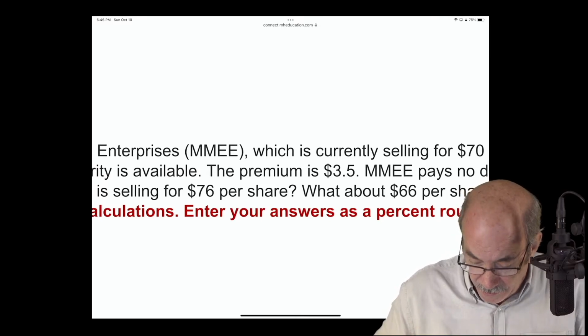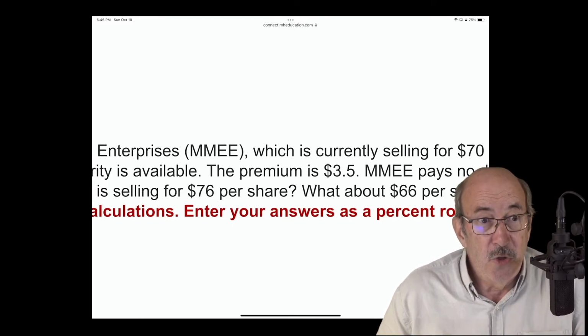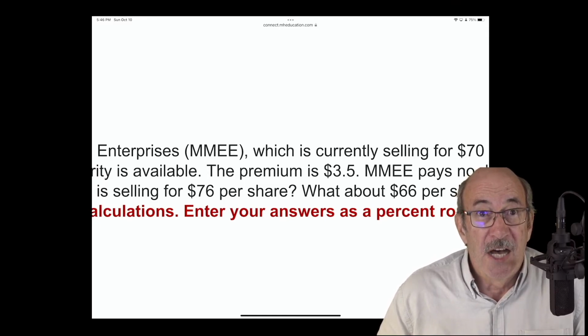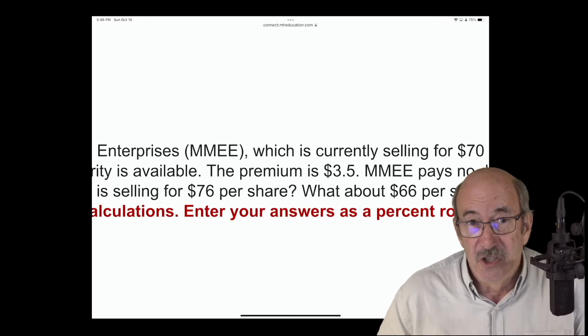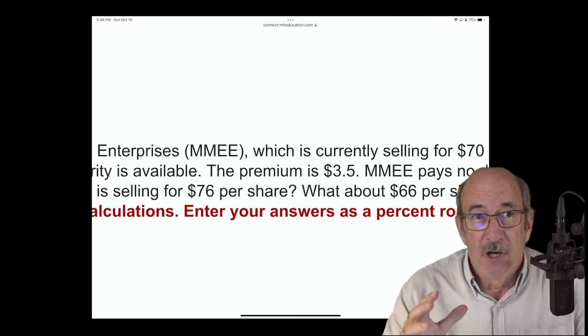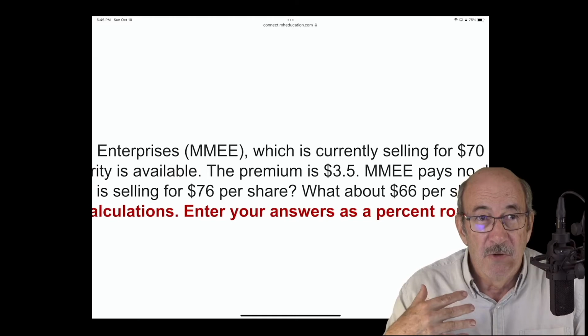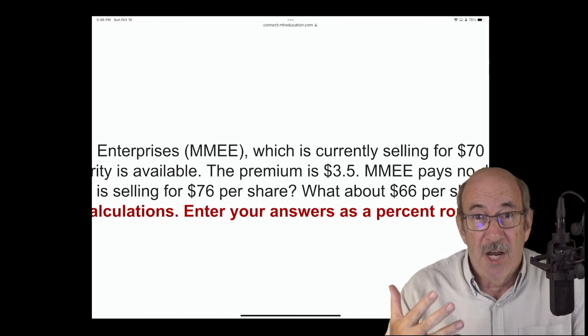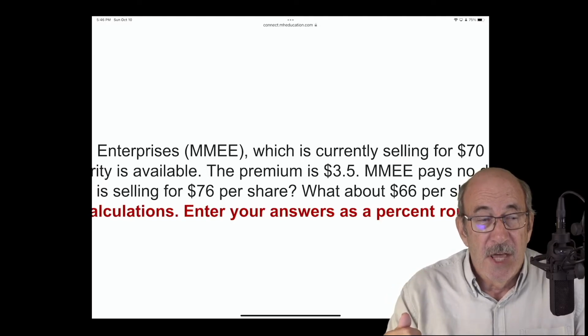So take the $35,000 that you have to invest, divide it by 3.5, and that means that you could buy a call option on 10,000 shares. Since a call option on a stock is always in units of 100, one contract is for 100 shares. That means you would need to buy 100 contracts worth of call options.